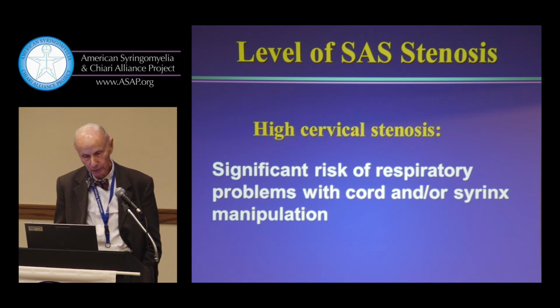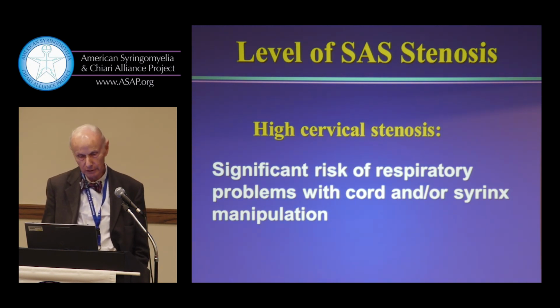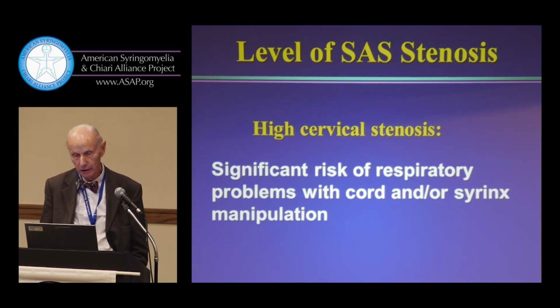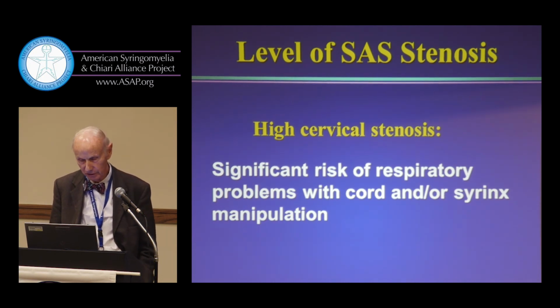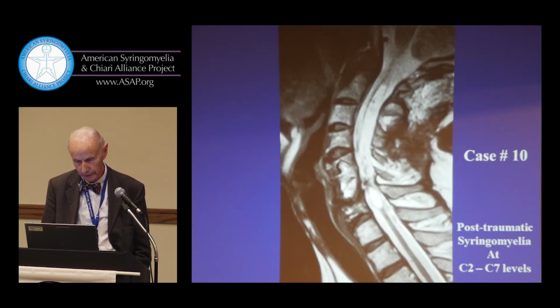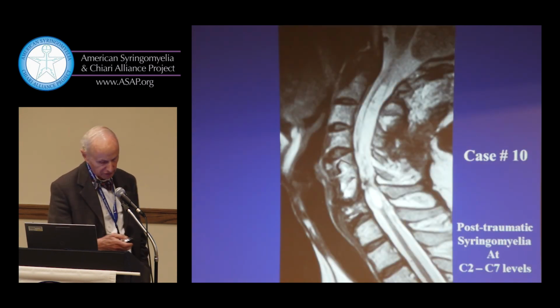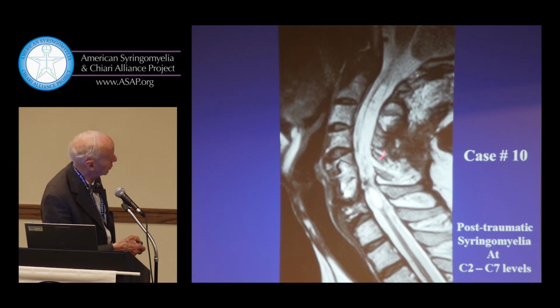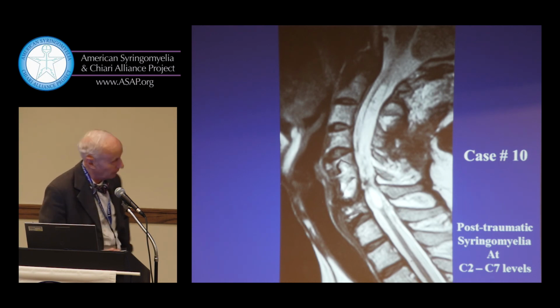I mentioned before that high cervical scarring poses a particular risk of respiratory problems if approached directly. Here is such a case, in a patient who had had a spinal injury and has a syrinx cavity extending way up high here.